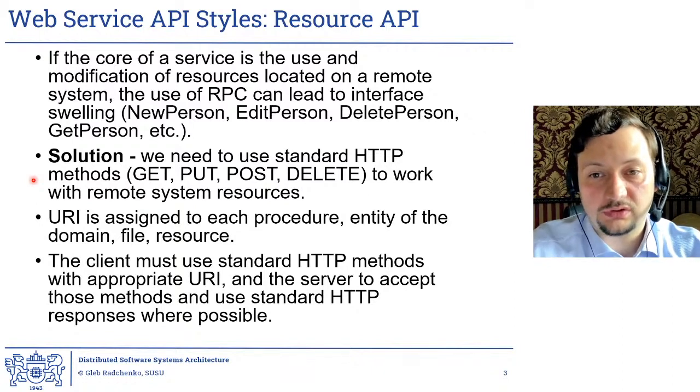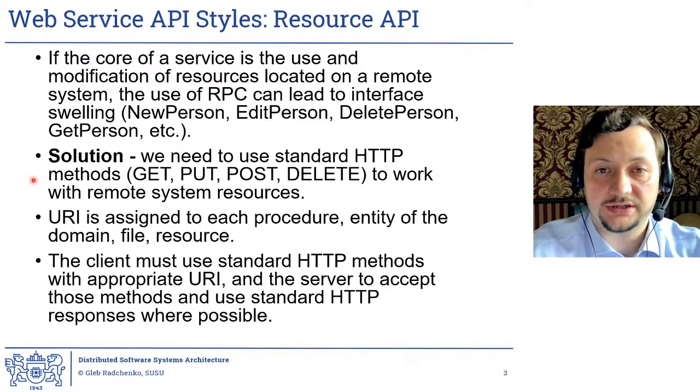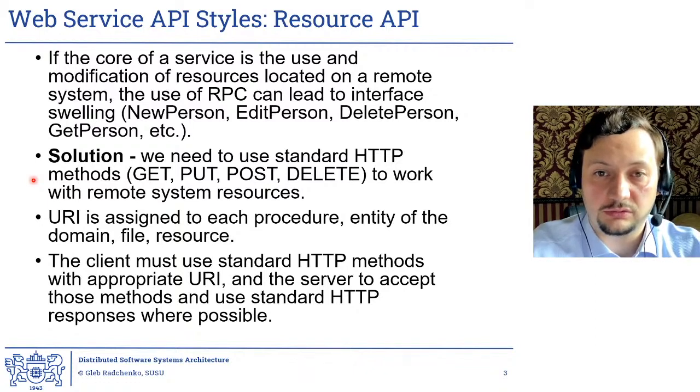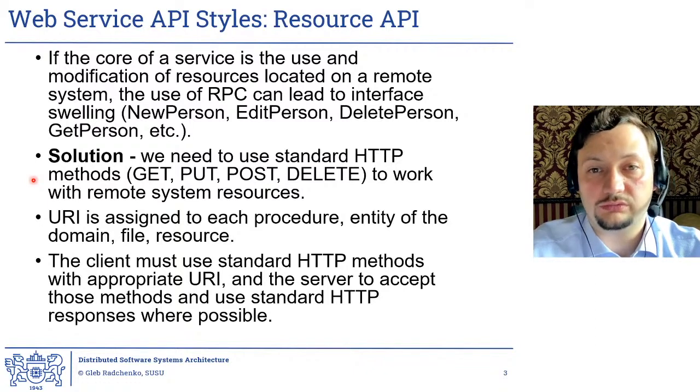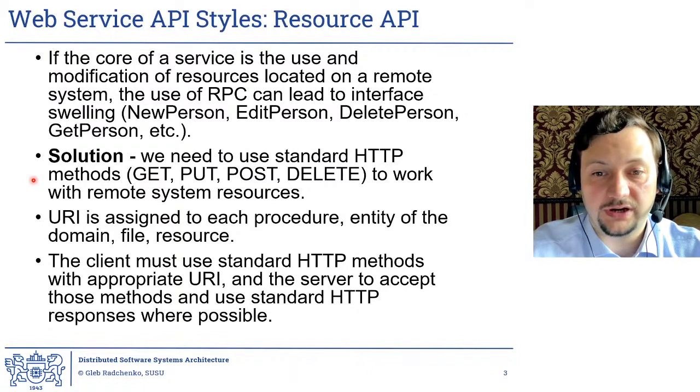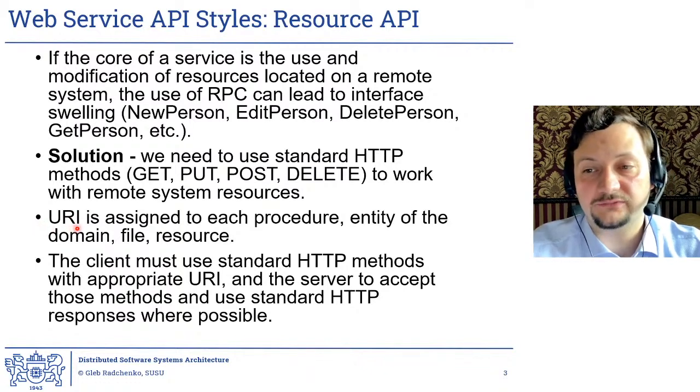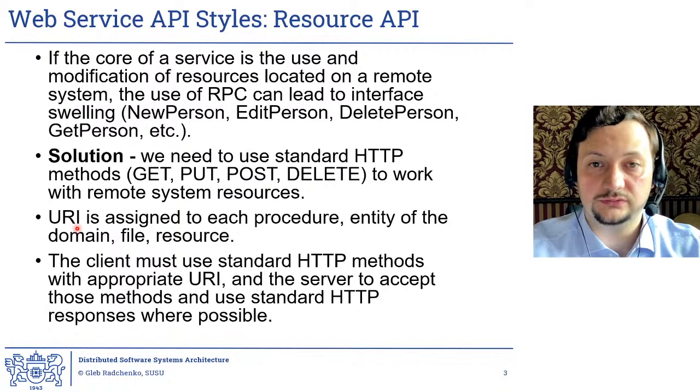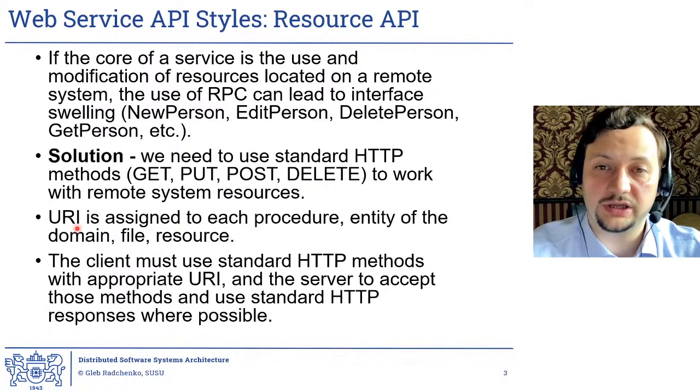So the concept of resource API is that we use standard HTTP protocol methods to work with the remote resources that are identified as URIs. So we create our requests using these methods. We send these requests to the URIs that identify resources that we want to read, to write, or to modify.